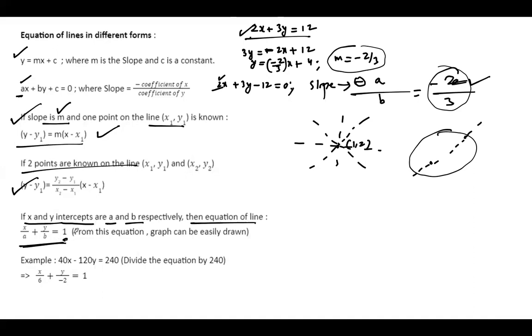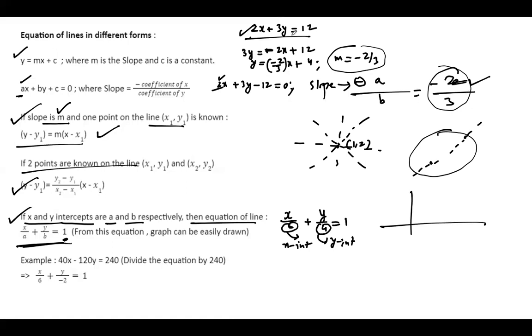I want a 1 here, so I'm dividing the equation by 12. So I get x by 6 plus y by 4 is equal to 1. So this equation states that this will be your x-intercept and this will be your y-intercept. So if you know this form, making a graph will be very easy. You need not check with, let's say, 2 values and then make a graph.